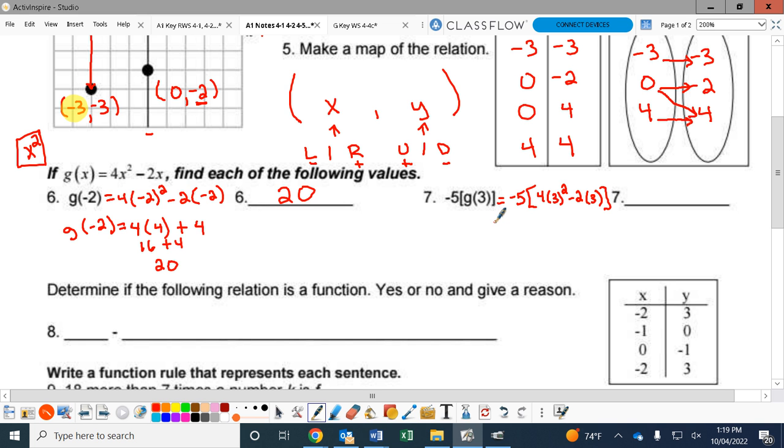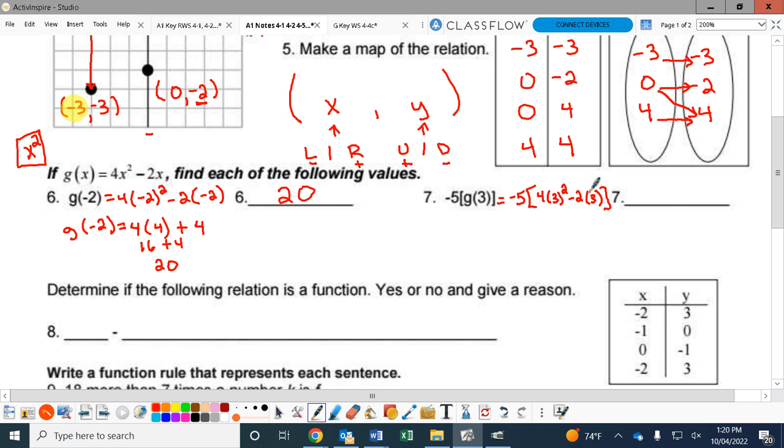Okay, guys, listen to me. This is calculator work. Use your calculator. Do this stuff on the inside first. Don't try to deal with that -5 yet. That is outside the bracket. Your calculator does not have brackets on it. Do not try to do it. They're just another type of parentheses. It just means multiplication. So do what's in here first. Do 4 times 3 squared minus 2 times 3.